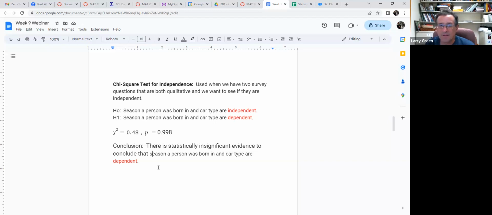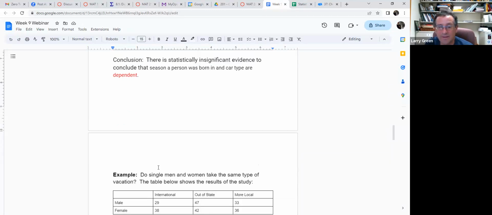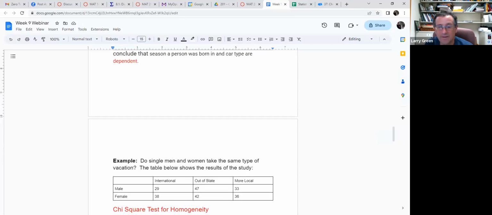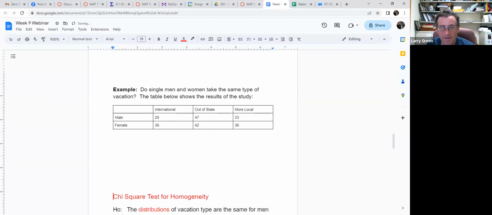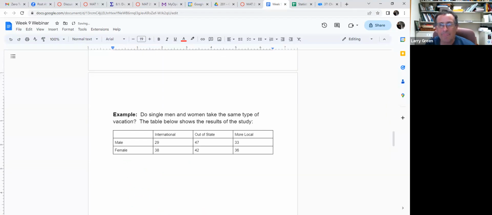Okay. All right, if there's no questions, then what I'll do is go to the next example. Okay, so here I have another example. And what it says is, do single men and women take the same type of vacation?